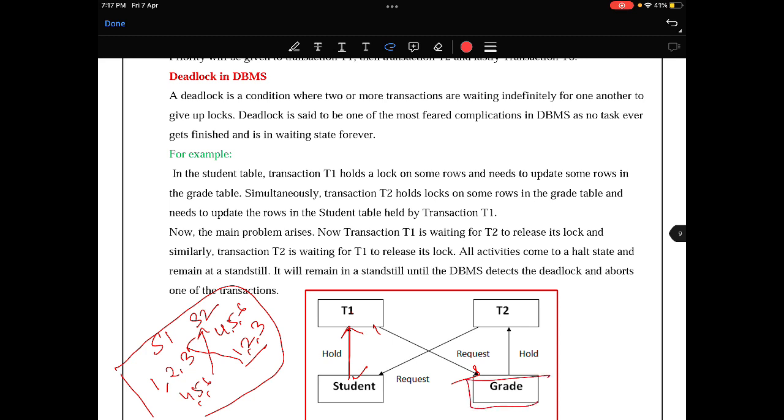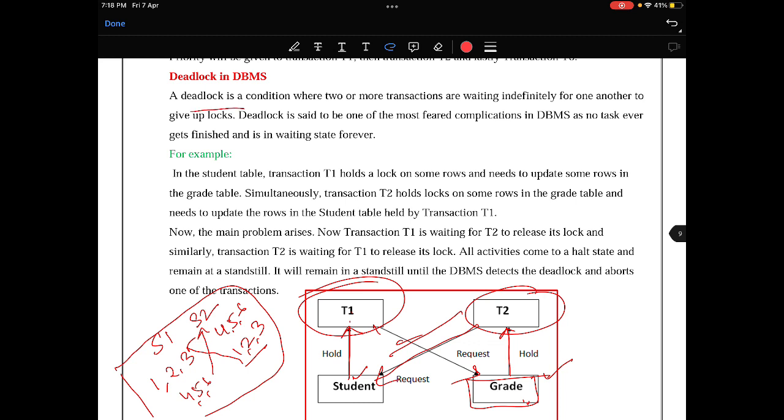This resource, okay, was held by T2 and it is demanding student. So for T1 to commit, T1 needs grade. For T2 to commit, T2 needs student. So both are waiting for each other. This is the condition known as deadlock.